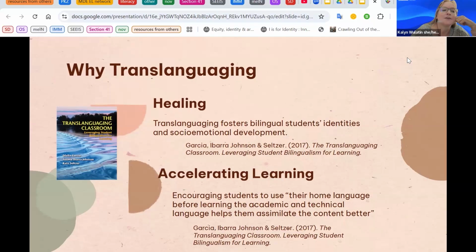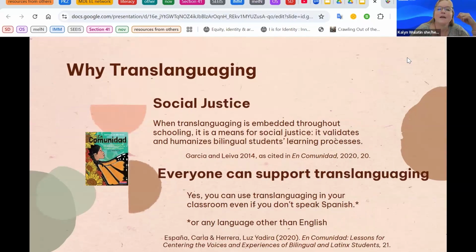So a moment to finish up these quotes. And then finally, when translanguaging is embedded throughout schooling, it's a means for social justice because it validates and humanizes the learning processes of bilingual and multilingual students. What I really love is that last one too.